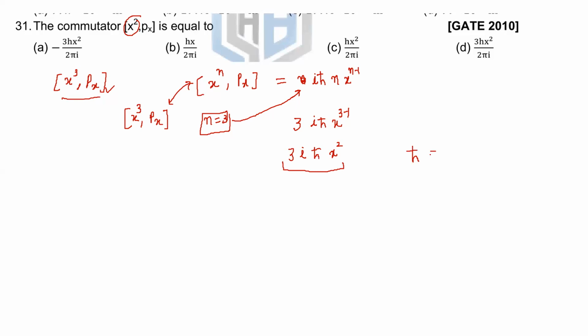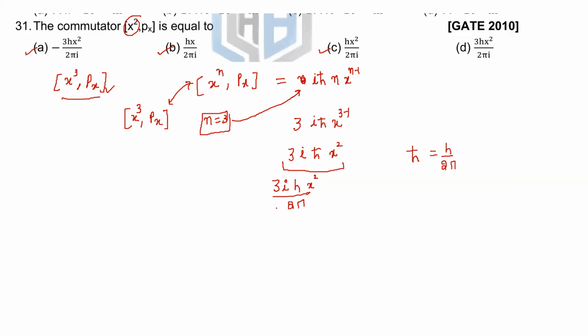You know, h cross is h over 2 pi, so I'm writing h cross as h over 2 pi. And one more thing, in the options, iota is present in every option, in the denominator, so I need to remove this iota also.